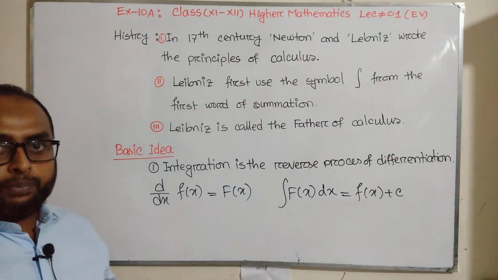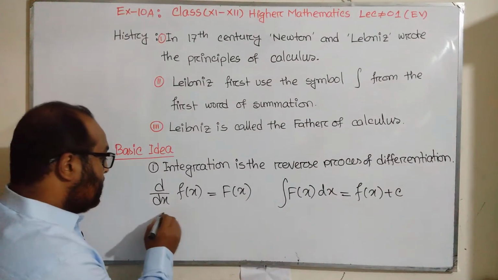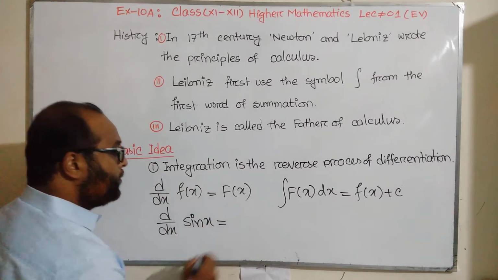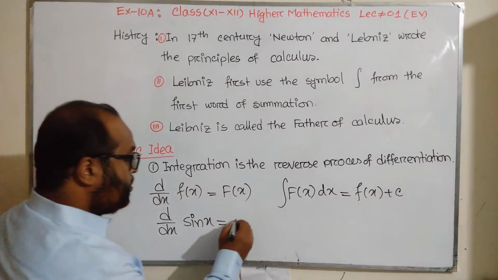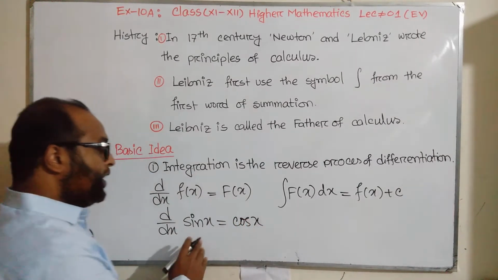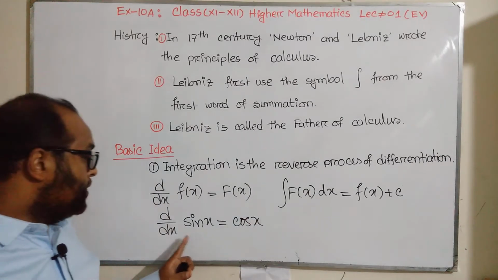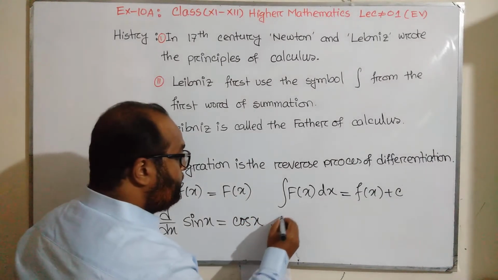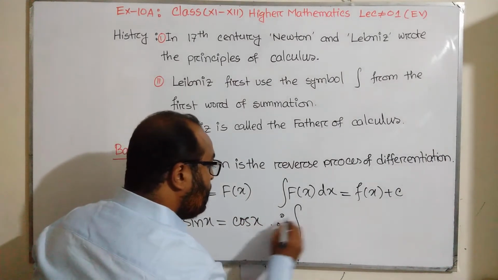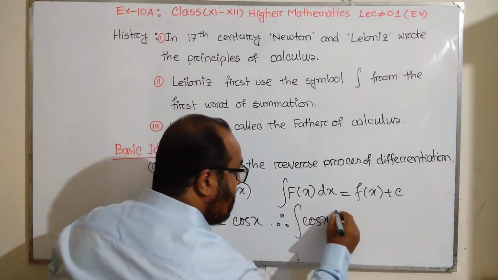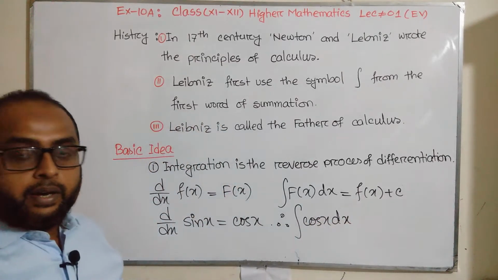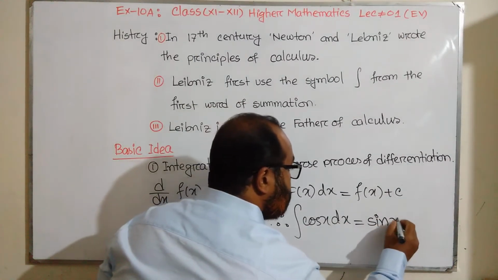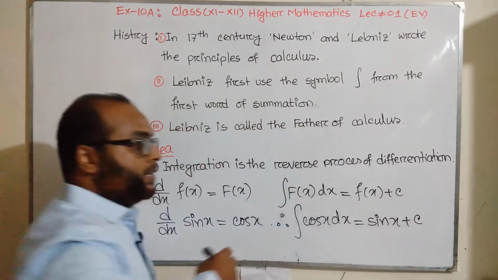I give an example to make this clear. You know, d/dx of sin x equals cos x. That means the rate of change of sin x with respect to x is cos x. So the integration of cos x dx, where x is considered the variable, equals sin x plus c.